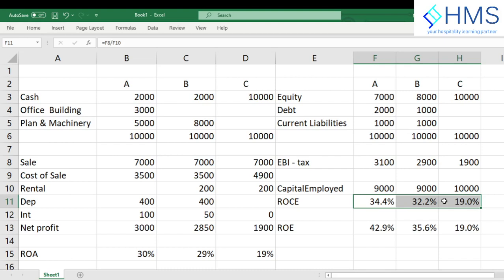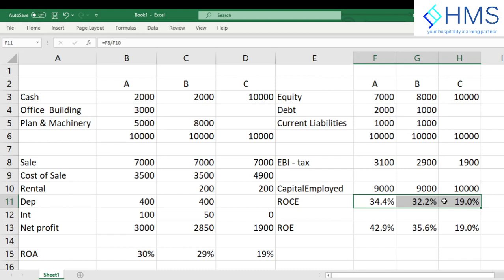If your financing is cheaper than return on assets, it is better to finance. If your project is going to give you more than your return on capital employed, then it will be a better investment. So it may help to choose and evaluate capital investment decisions.